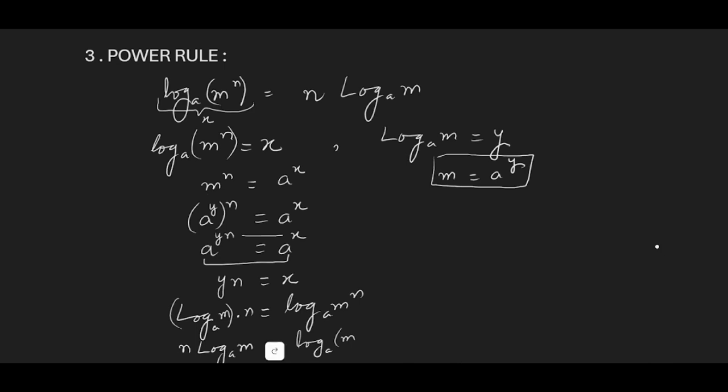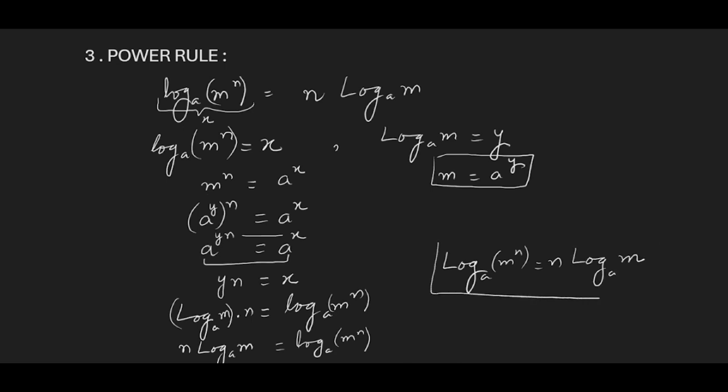This is the base, this is like this. Okay, m raised to the power n, and I can write it like this also. लेफ्ट हैंड साइड को राइट पे लेके चले जाएं, कुछ भी हम खास नहीं कर रहे हैं, ऐसे लिख लिया, और यहाँ आ जाएगा n of log. So this is the third rule which we have proved.